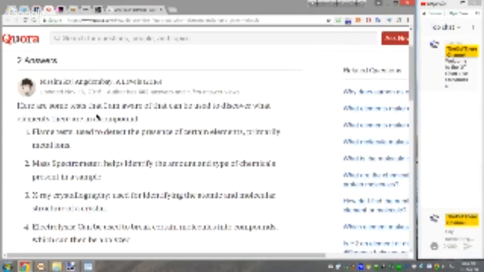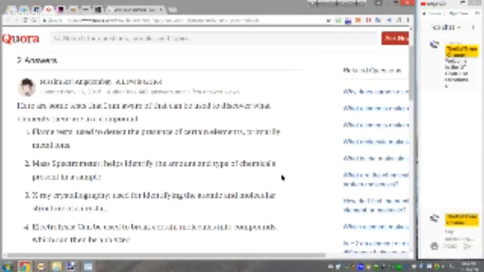Flame tests are used to detect the presence of certain elements, primarily metal ions. Mass spectrometer: a mass spectrometer helps identify the number and type of chemicals present in a sample.